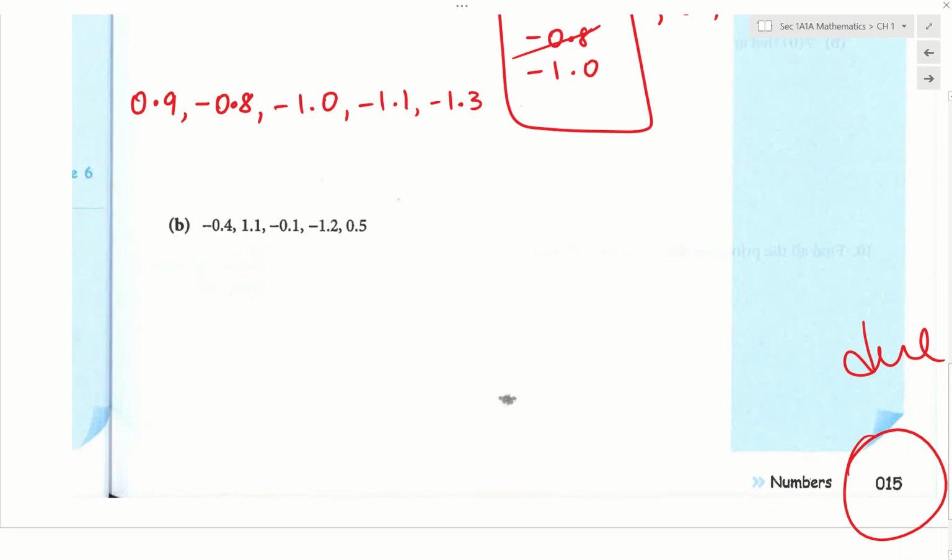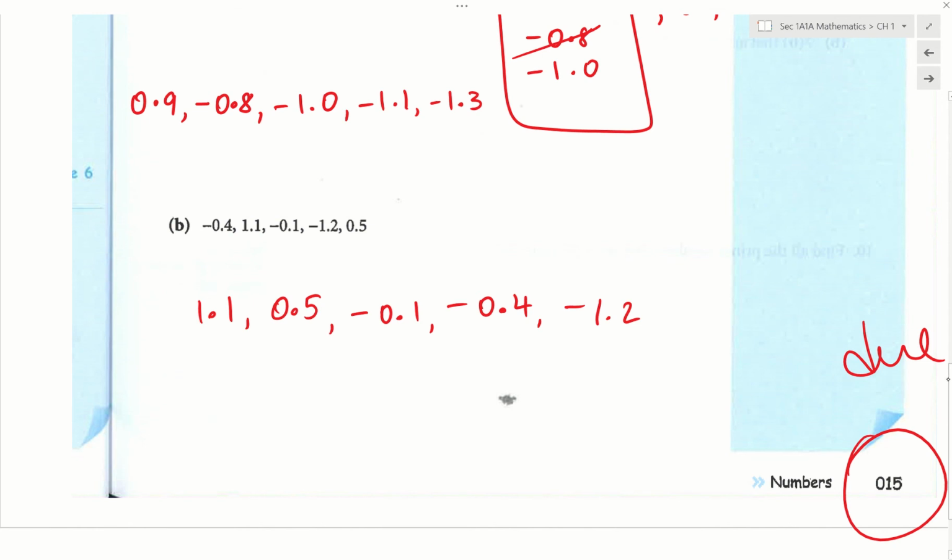Okay, who wants to try this? Yes? Big to small, huh? 1.1, 0.5, negative 0.1. Okay, correct.